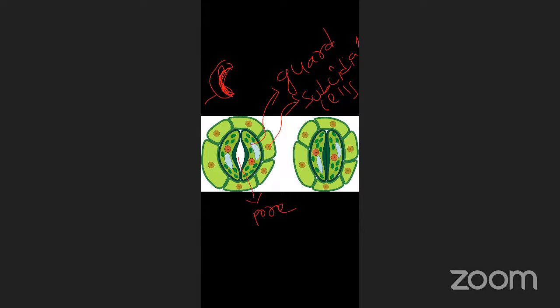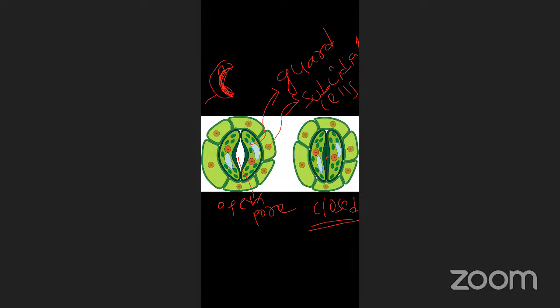This is a closed type, this is an open type. Open stomata and closed stomata. Right? So let's see the mechanism of how the stomata open and close.